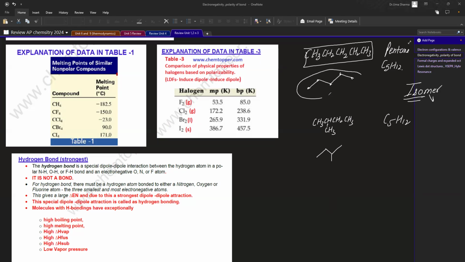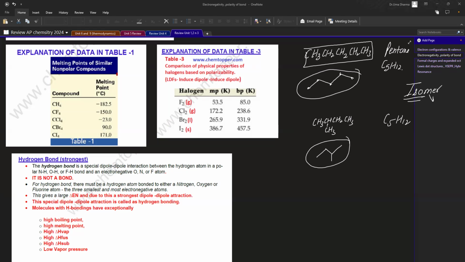Can you tell me which molecule you're expecting to have higher boiling point? Are these molecules polar or non-polar? Let's decide first. All hydrocarbons are non-polar, because the difference in electronegativity of carbon and hydrogen is very small.